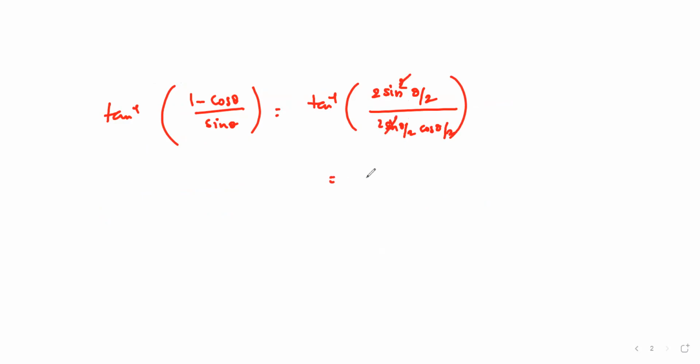The 2s cancel. So I will get tan theta by 2. Right? Tan inverse of tan theta by 2 is nothing but theta by 2.